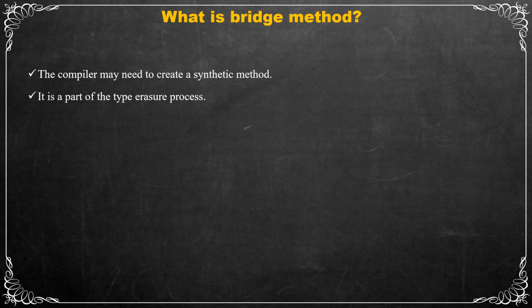Here, a method is generated that uses the type erasure of the superclass, and this method calls the method that has the type erasure specified by the subclass. Of course, these bridge methods only occur at the bytecode level. These methods are not seen by you and also are not available for your usage.